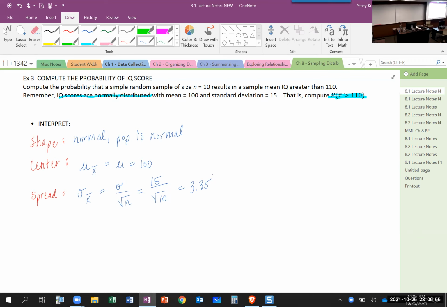Really? I'm looking at the wrong number. 4.74? Okay, maybe I'm looking at the wrong example. Oh, I am, sorry. That's why you didn't get it.